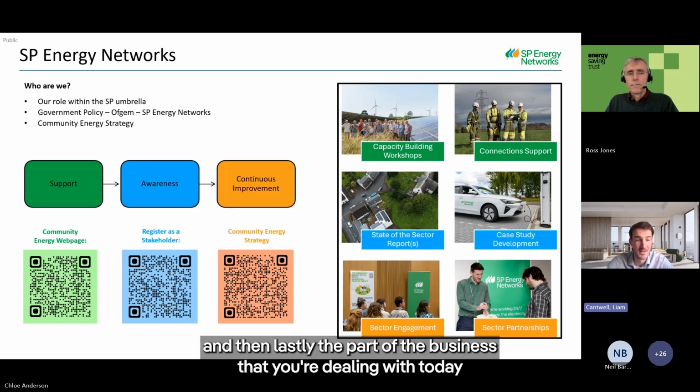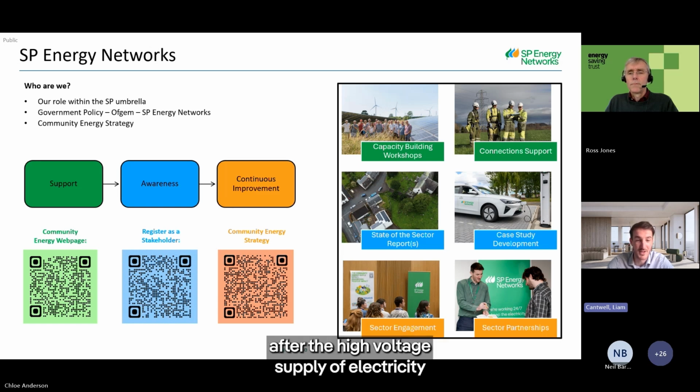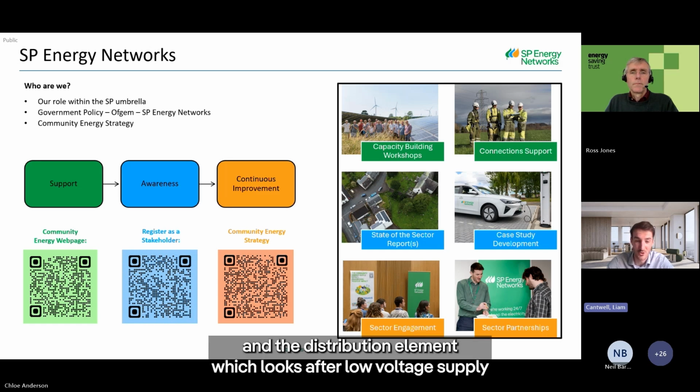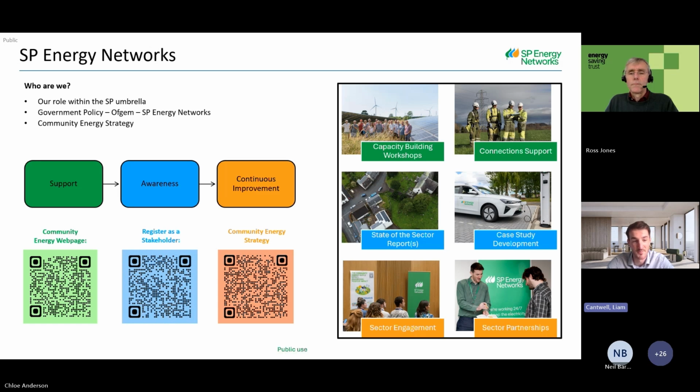And then lastly, the part of the business that you're dealing with today is SP Energy Networks, which again has 2 distinct parts to it. The transmission side of the business that looks after the high voltage supply of electricity, and the distribution element, which looks after low voltage supply to homes and businesses across SP Distribution and SP Manweb.